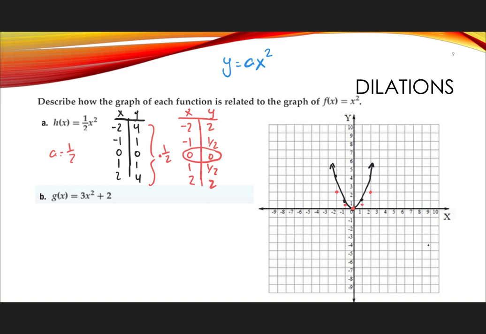Okay. It has widened out. So we would call this, because we need to describe, a vertical compression of 1/2.